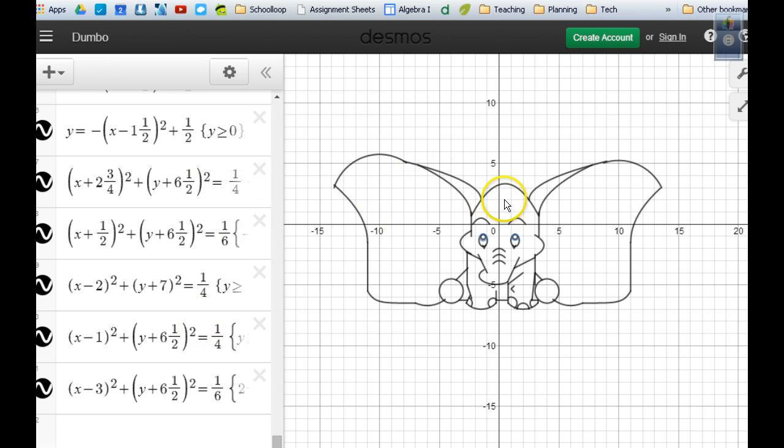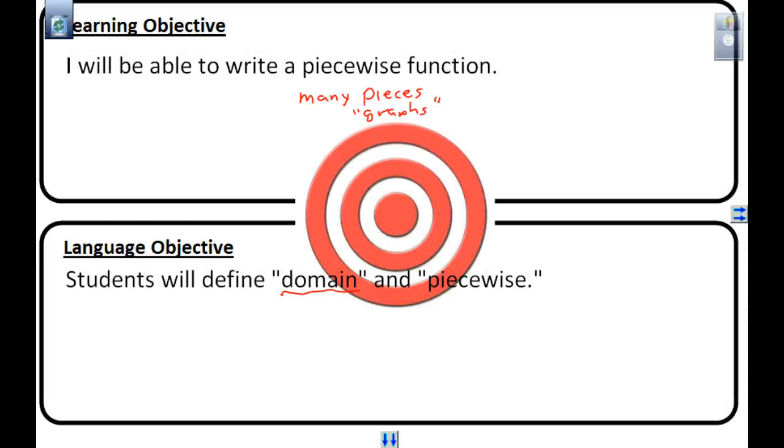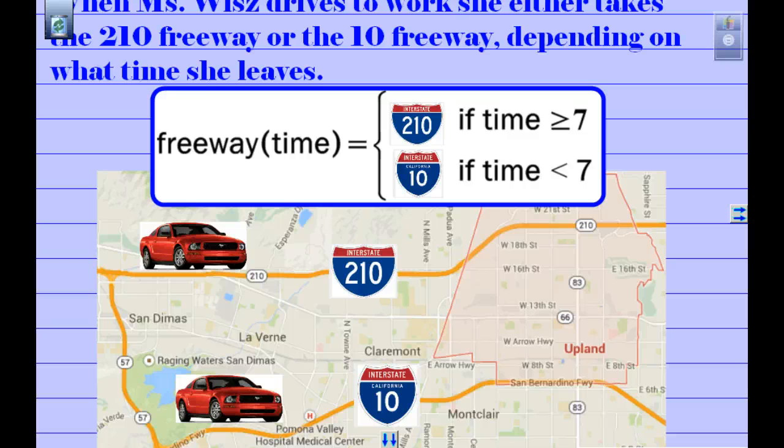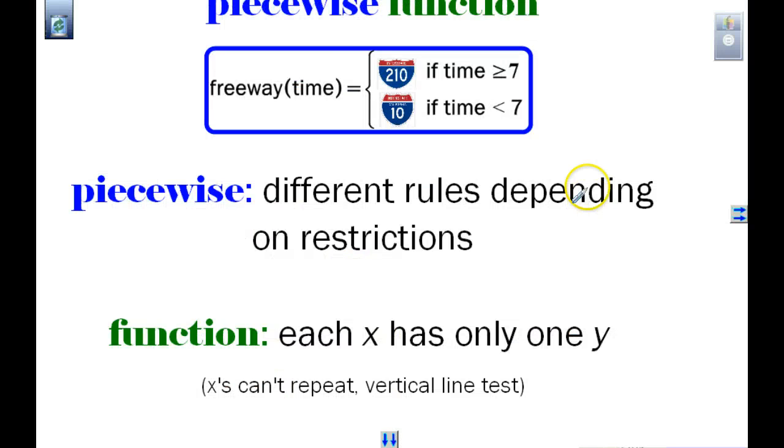I don't want to draw a straight line across the whole graph. I just want that straight line in this small little piece. That's why on the graphs you have, they start and stop at different places. So the domain is where they start and stop. So 2 parts: what's the function, and what's the domain?